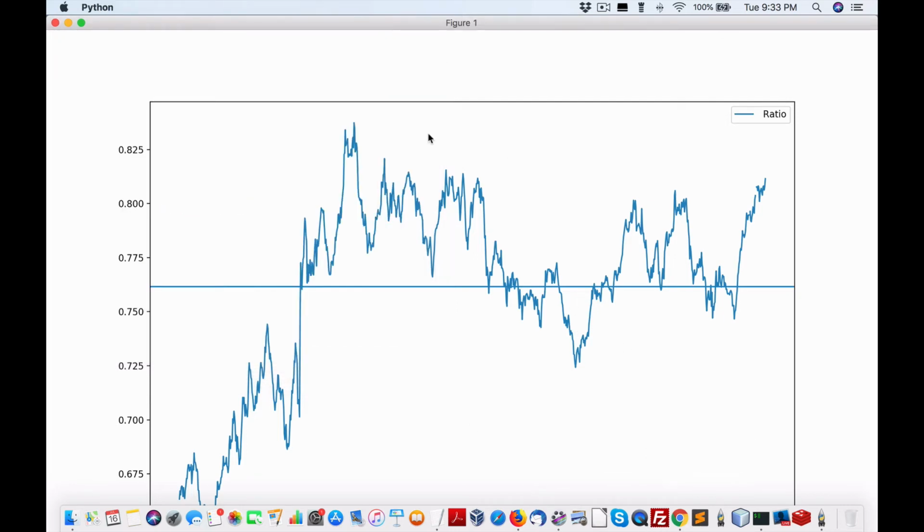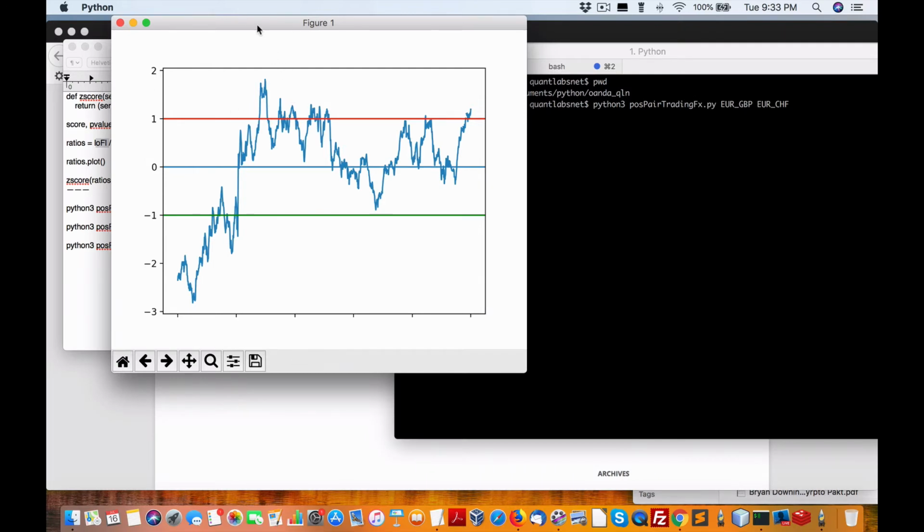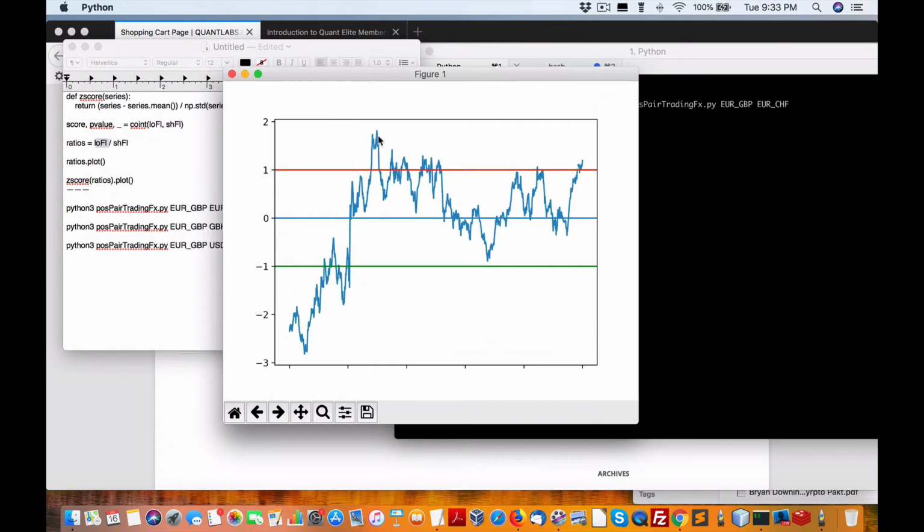You can see there's some form of mean reversion here. So that's the first chart of the spread, the ratio between the long and the short closing price over the last 60 days.